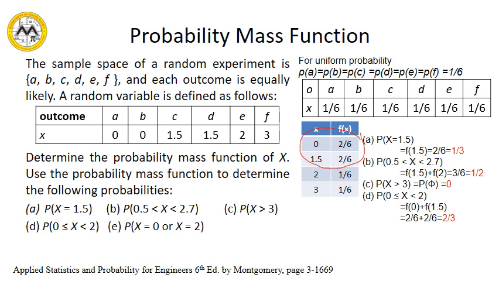And lastly, for letter e, the probability of x is equal to 0 or x is equal to 2 is equal to f of 0 plus f of 2, which would be equal to 2 over 6 plus 1 over 6, equal to 1/2.